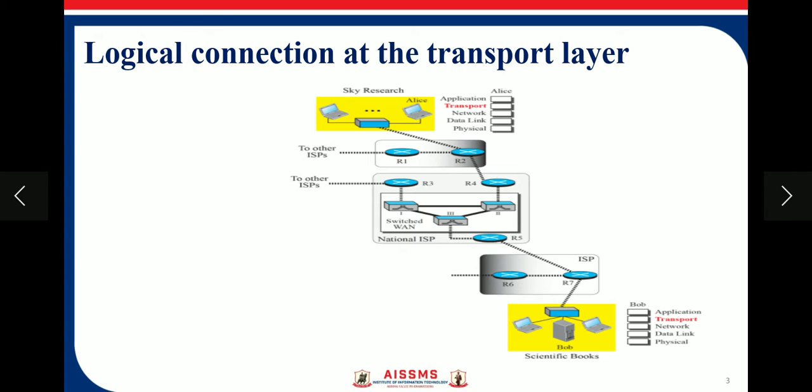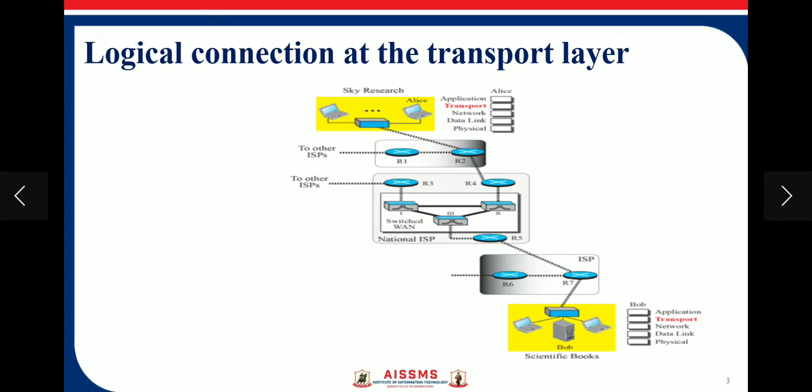In the same scenario, see the communication between the sender, Sky Research, and the scientific books company. Sky Research creates a logical connection with Bob's host at the Scientific Books company in the transport layer.